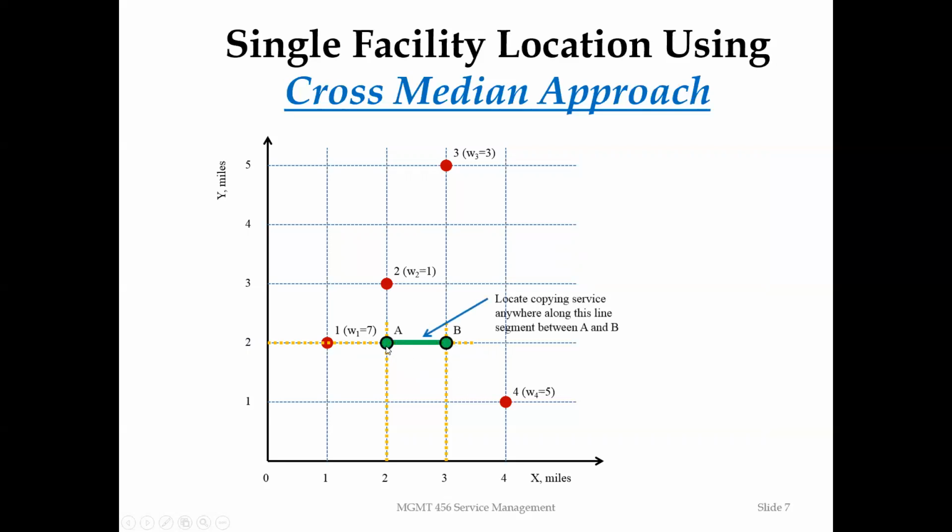The new facility should be anywhere from point A to point B. It's a line segment, because this line segment represents all possible locations with a y coordinate of 2 and an x coordinate between 2 and 3. So this green line segment indicates all the possible locations for the new facility. You can choose anywhere between A and B. That is the optimal solution.